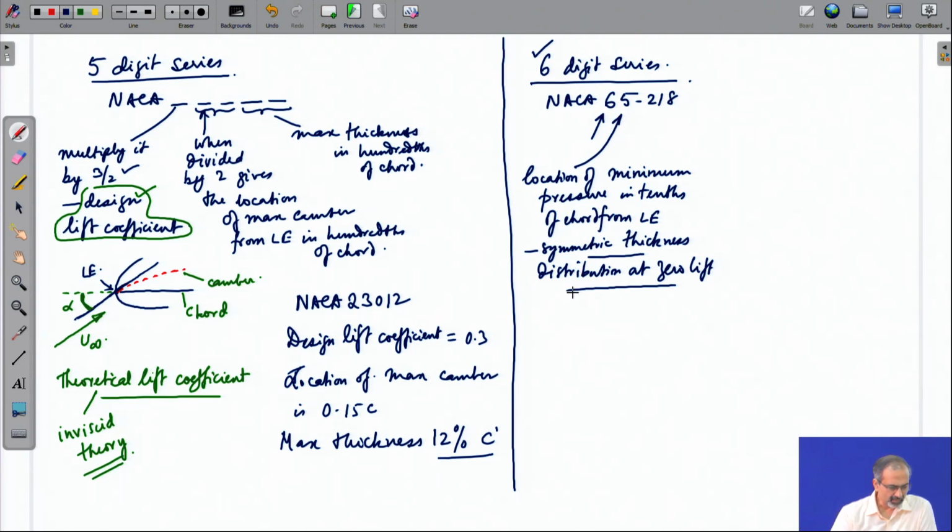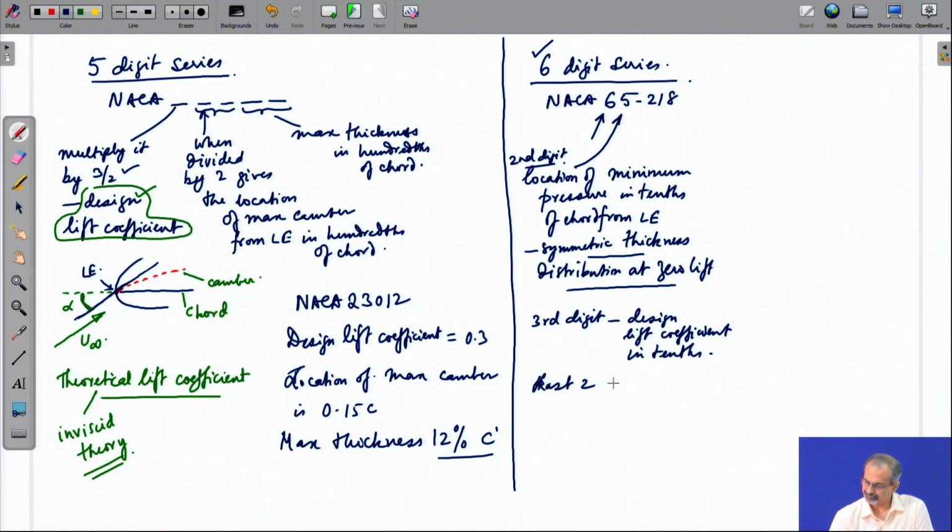And then the third digit gives you the design lift coefficient, which we have already discussed in the context of the 5 digit series, in tenths, and the last 2 digits, what do they represent?